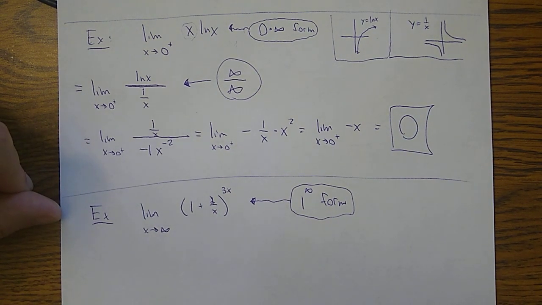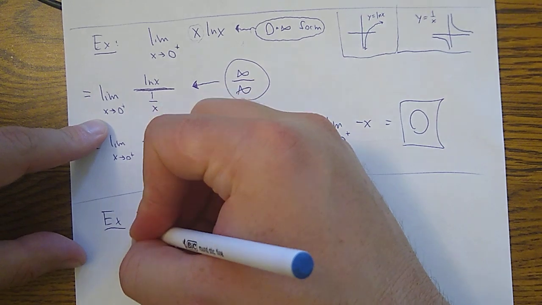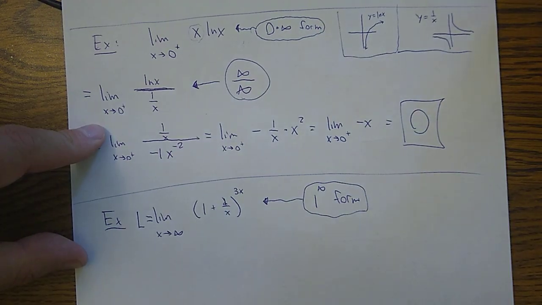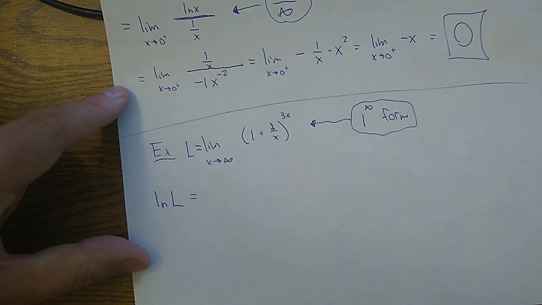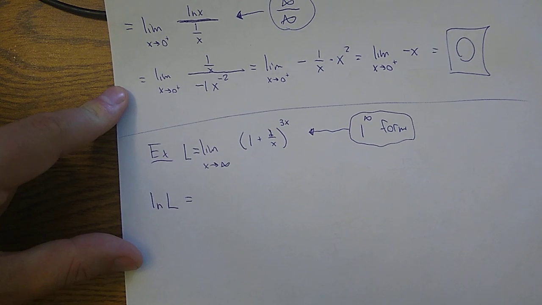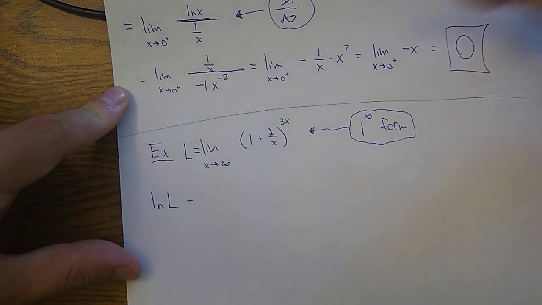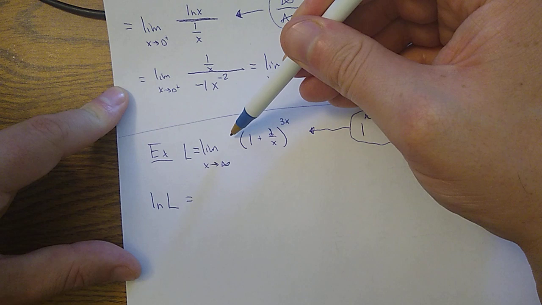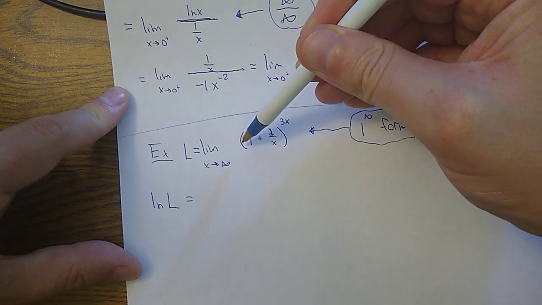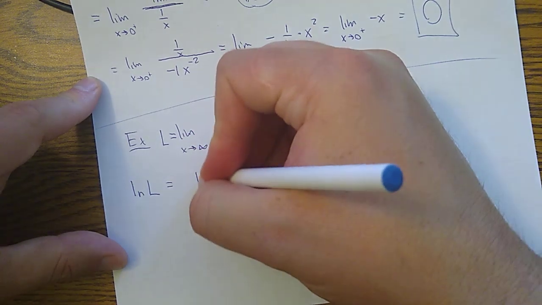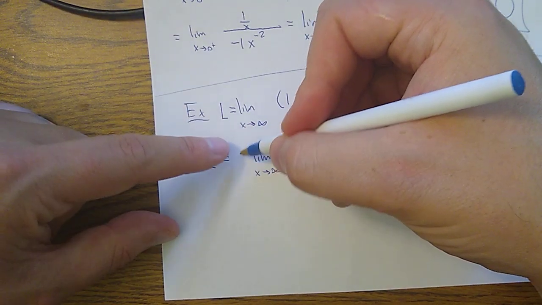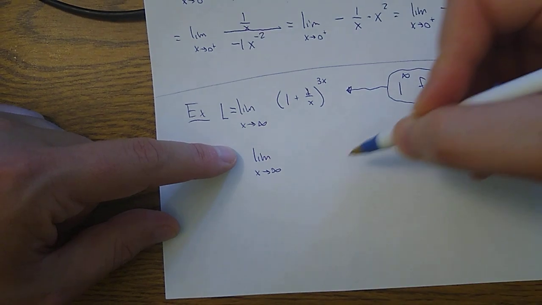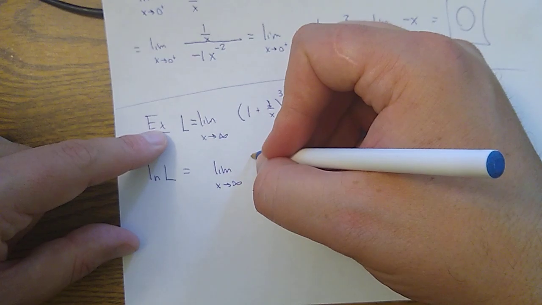Right, so here's what we do. Let me call this limit L. What I'm going to do is find the natural log of L. So I'm taking the natural log of both sides, and natural log is a continuous function, meaning I could write the natural log and then parentheses around this whole limit, or I could do this.